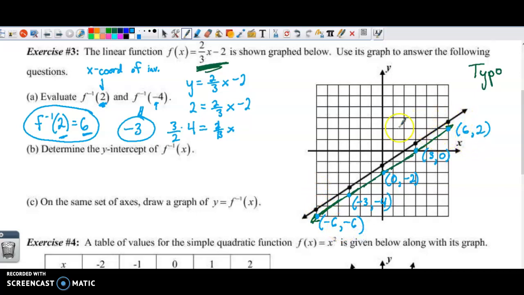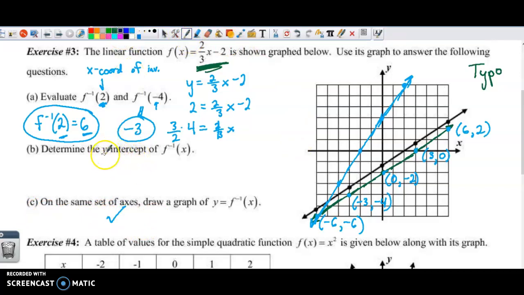So remember, the inverse, switch x and y around, so we'd have 2, 6 as a point, or 0, 3, -2, 0, -4, -3, and if you switch -6, -6, you're actually just going to go back to the original. So that is actually doing letter C right there to help you get that answer.